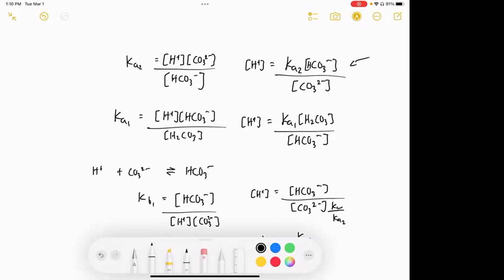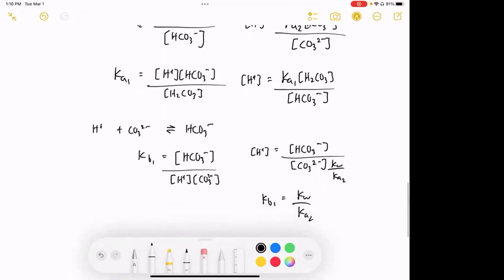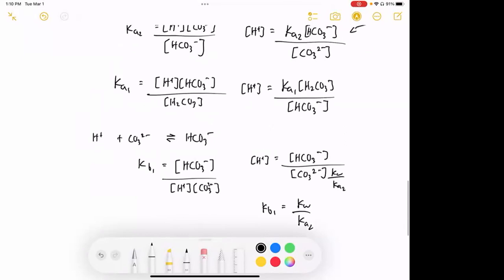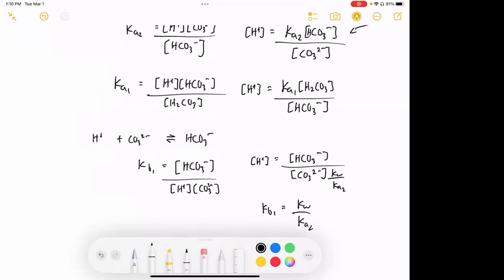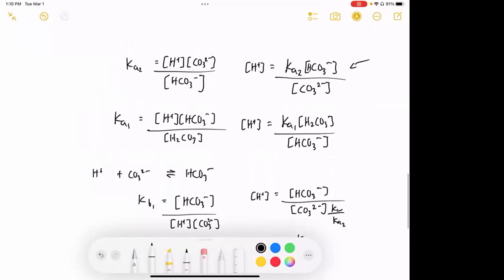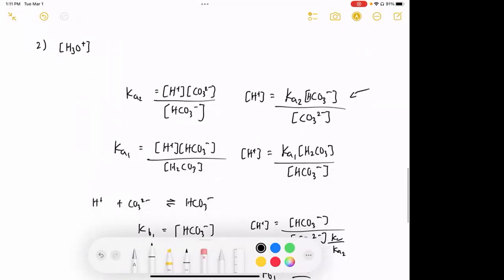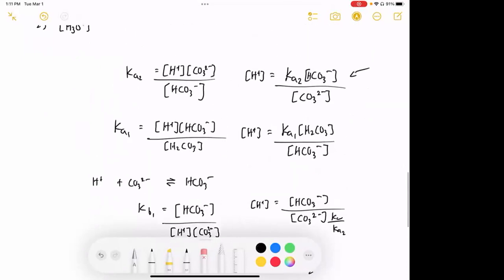Then they divided it by Ka1, and I think that's solving for H plus. Ka1 is right here, where they flip it and the carbonate somehow gets included as a 1 here. But don't worry too much about how to derive it. I tried to do it, but I don't think it's necessary.